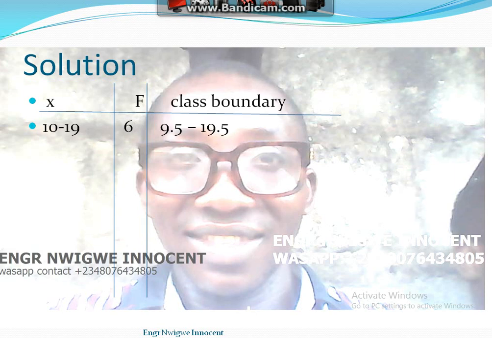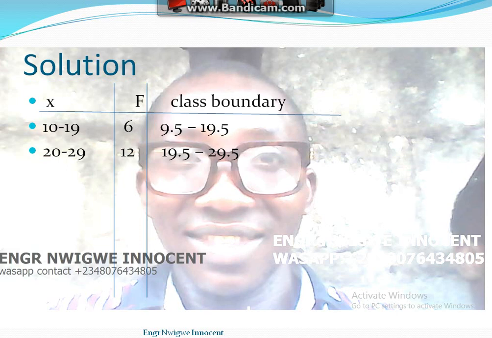Then the second age interval is 20 to 29. The frequency is 12. For the class boundary, we subtract half from 20 to give us 19.5. Then we add half to 29 to give us 29.5.